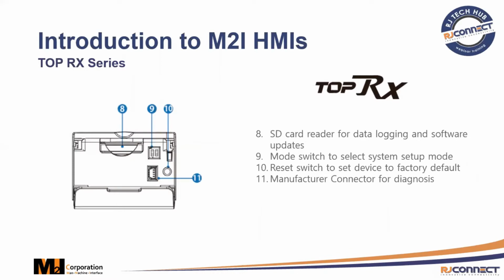Then also at the back is a cover for an SD card reader for data logging and software updates, a mode switch to select system setup mode, a reset switch to reset the device to factory default, as well as a manufacturer connector for diagnosis.